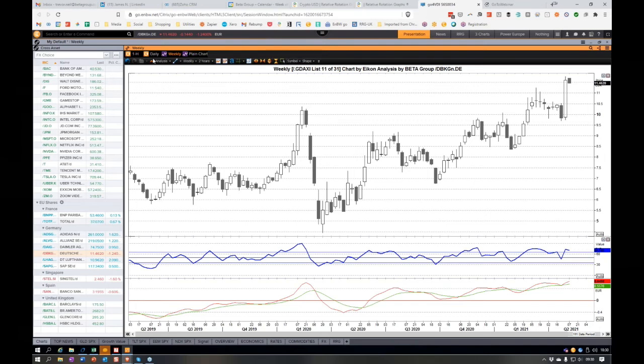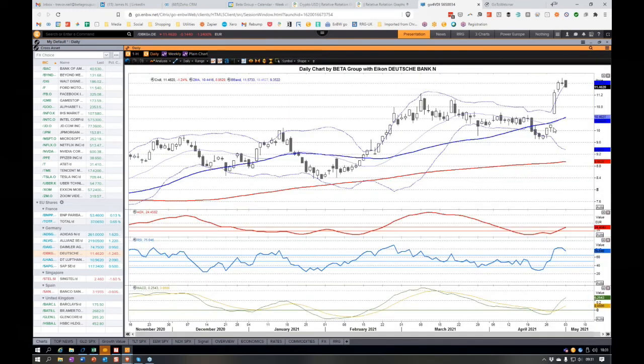Deutsche Bank has really changed its spots here. Look at this weekly chart, broke the high here, broke through 11, held at 10, which is interesting that it should hold at a round number. Still bullish on the weekly MACD, surging here, gapping higher. Despite terrible news, the investment banking side is really doing well.